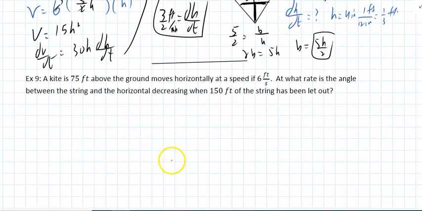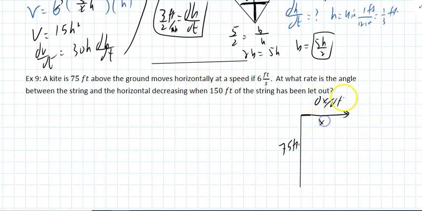Last problem. A kite is 75 feet above ground and moves horizontally at a speed of, let's say this way, dx/dt, if I call that x, is 6 feet every second.